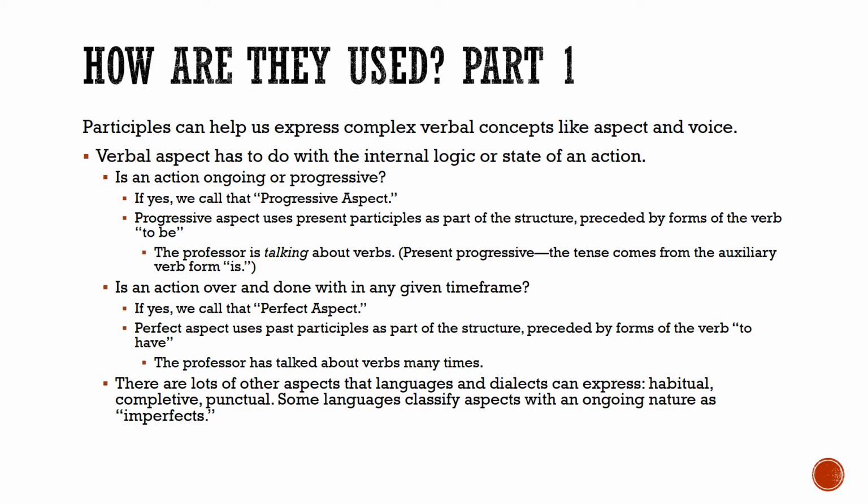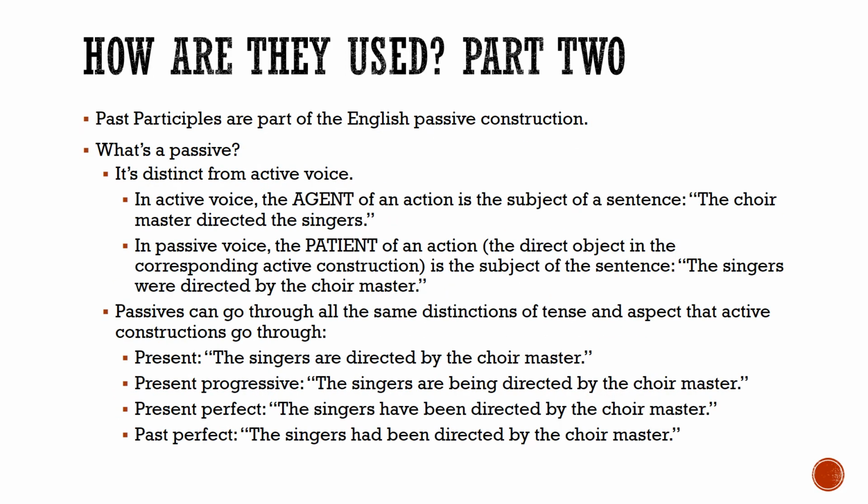So this isn't a tense, it's not a time, it's a state of the verb. How are they used? Part 2. Past participles, right? So we talked about present participles.